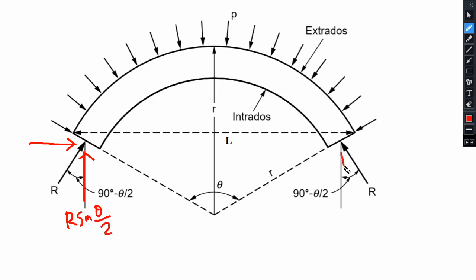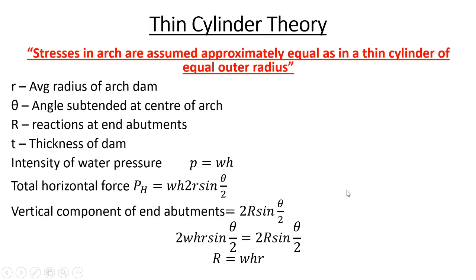Similarly, this vertical component also will be R sin theta by 2. Taking the sum of the vertical components, R sin theta by 2 plus R sin theta by 2 gives 2R sin theta by 2. So the vertical component of the end abutments will be equal to 2R sin theta by 2.